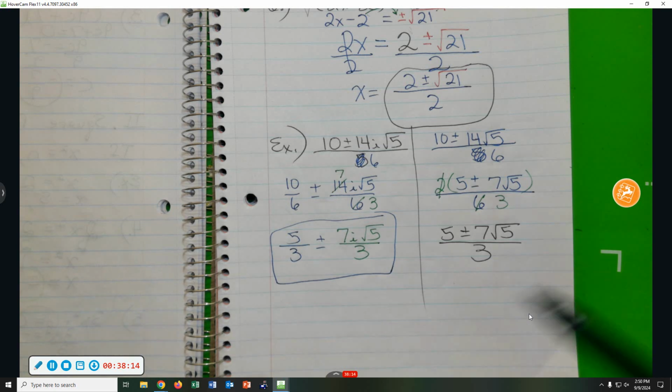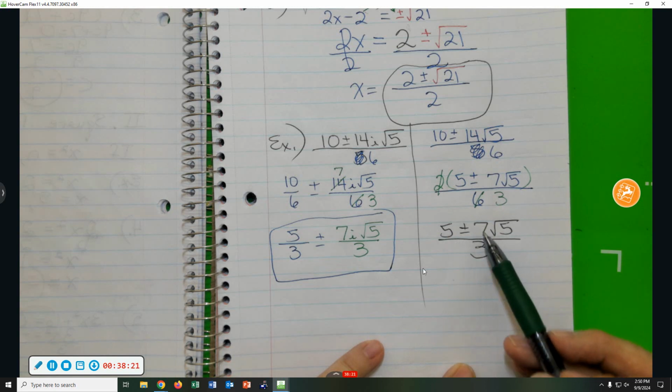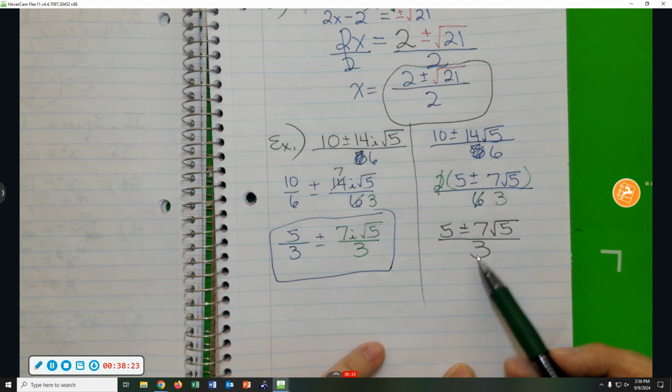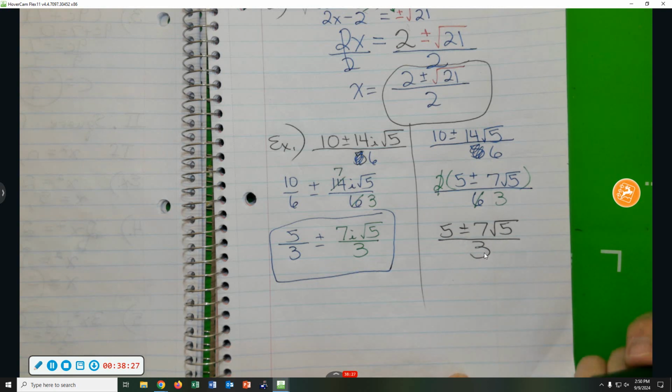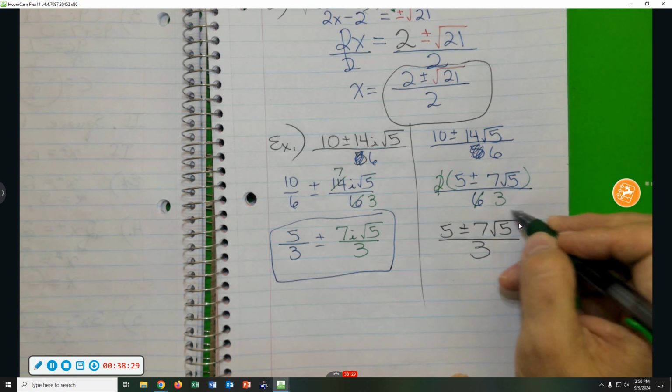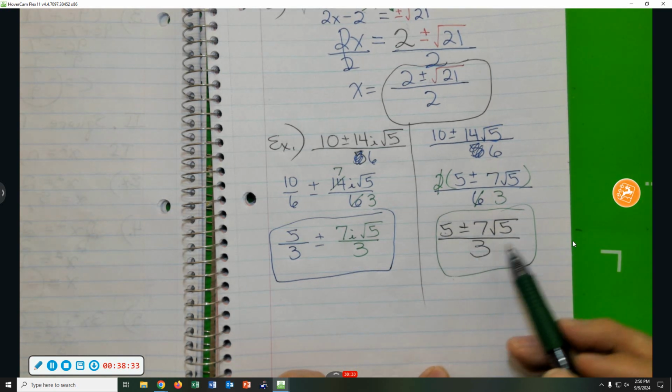If there's no I, this is the format they want. A single fraction, but with no common factor. 5, 7, and 3. What's the only number that could divide evenly into 5, 7, and 3? Just a 1. So that's what you want. You want there to be no common factor other than a 1.